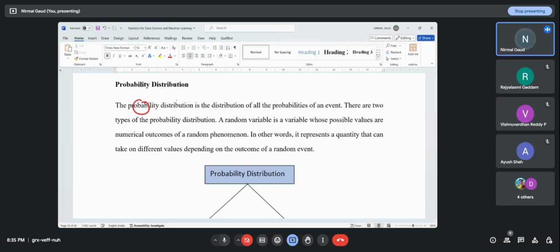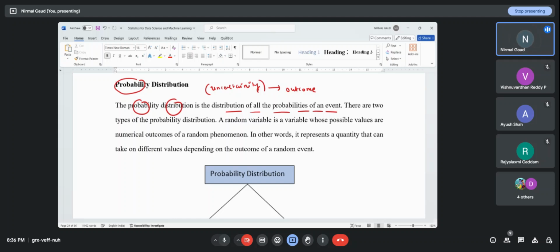Probability distribution is the distribution of all the possibilities of an event. Probability is telling you about uncertainty, uncertainty about the outcome.